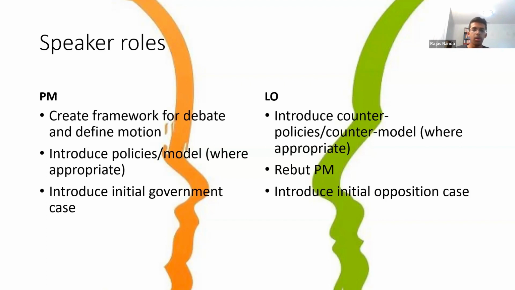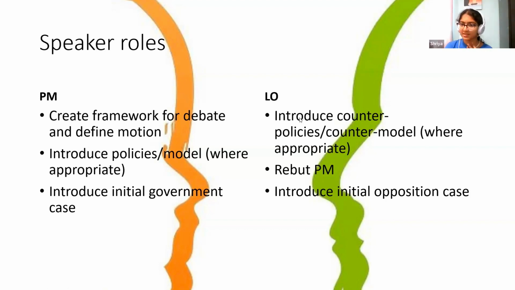But all of that technicality is just the start of your speech. The majority of your speech is quite straightforward. It's what every other speaker does, and that's just giving arguments, giving reasons as to why a sugar tax is good and what would happen in a world where a sugar tax exists. Does that make sense? Yeah, thank you. Okay, cool.